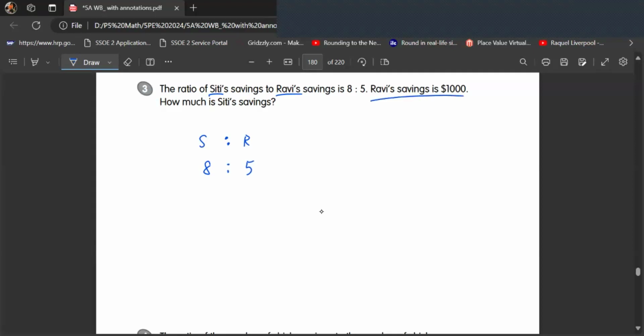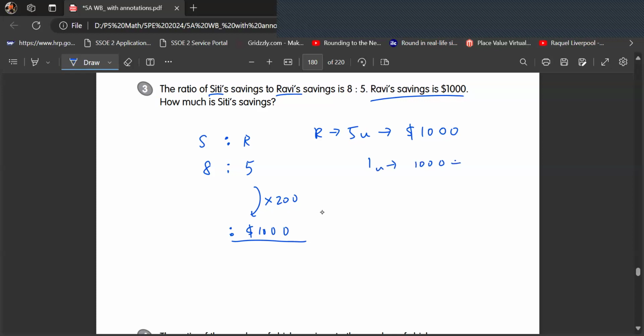Ravi is 5 units, and 5 units is 1,000. Ryan says it's times 200. That's why you can get 1,000. So from 1 unit, I get 1,000 divided by 5, that's 200. That's where that 200 comes in.